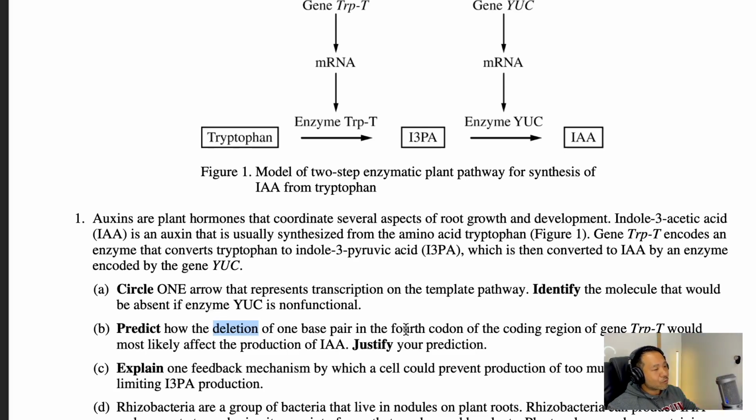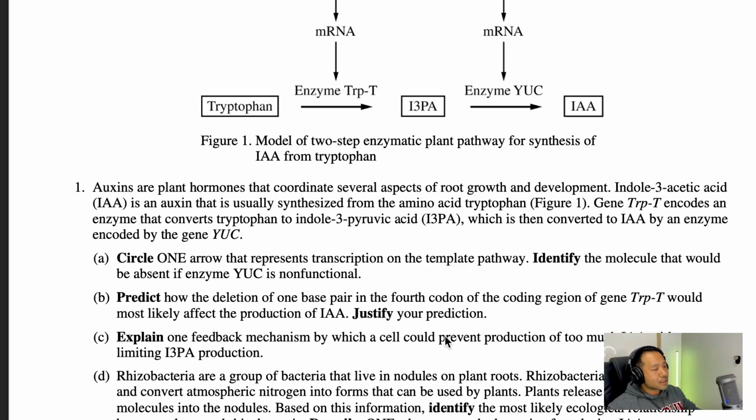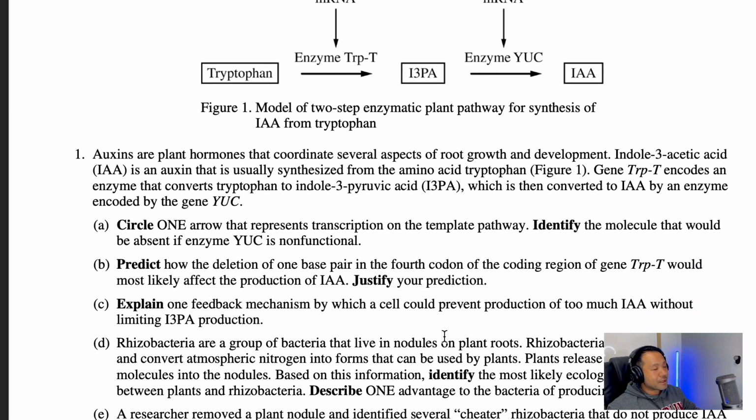But if you delete one of them, especially in the fourth codon, out of hundreds of codons that presumably would make up an enzyme, then you're basically shifting the entire reading frame fairly early on, which means that all of the amino acids that would follow, including the fourth codon, would most likely be incorrect. If they're correct, it would just be by accident, right?